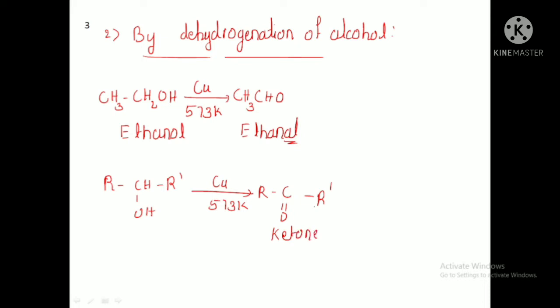In both these cases, only the reagent is different. There I took PCC or PDC, here I am taking copper at 573 Kelvin temperature. Primary alcohols will give aldehydes, secondary alcohols will give ketones.